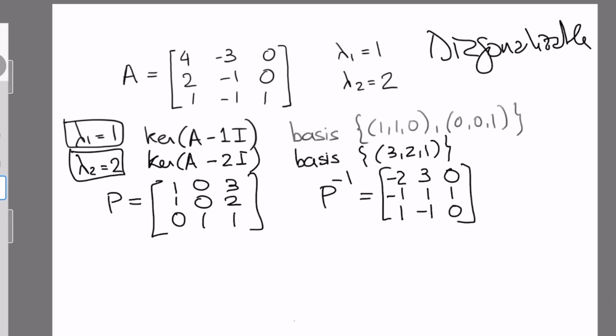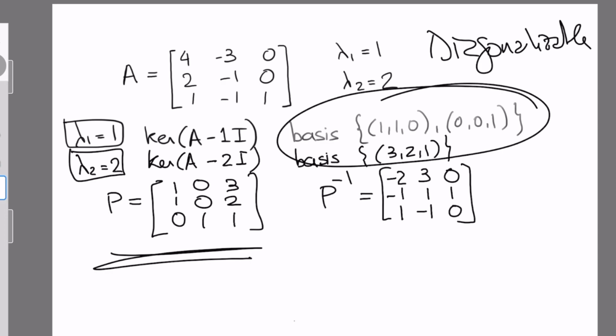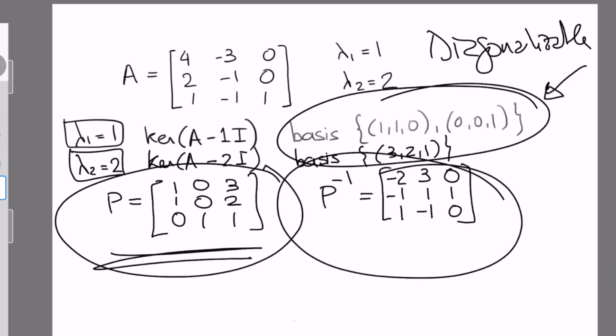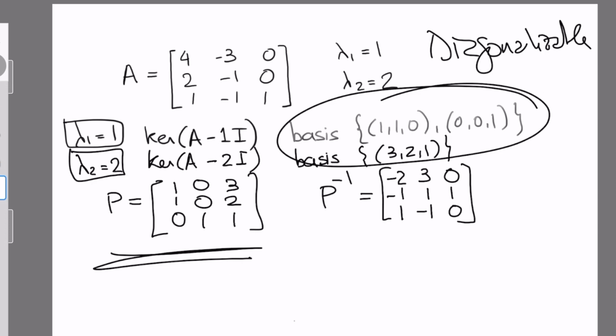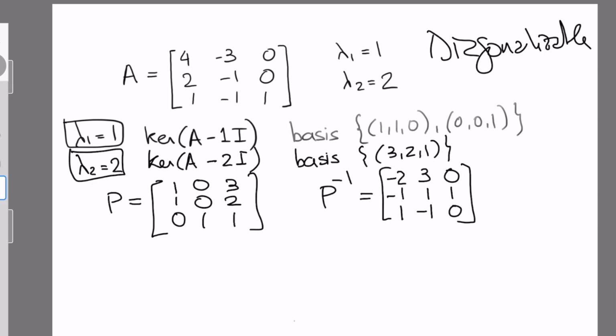It can be calculated then by Gauss-Jordan elimination, or you can calculate it also by cofactors. So in any case, given the matrix P that is formed with the eigenvectors as columns, we can calculate the matrix P, and then we calculate the P inverse by any of the methods of calculating inverse matrices.